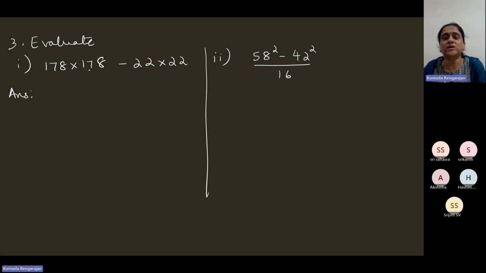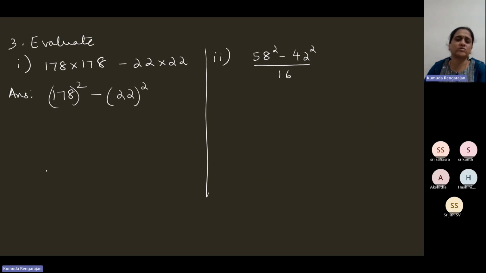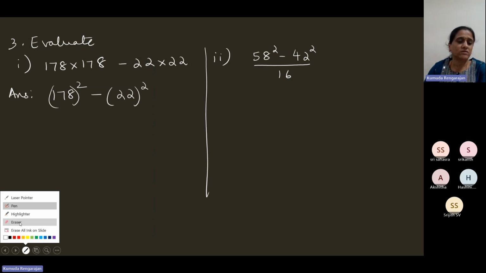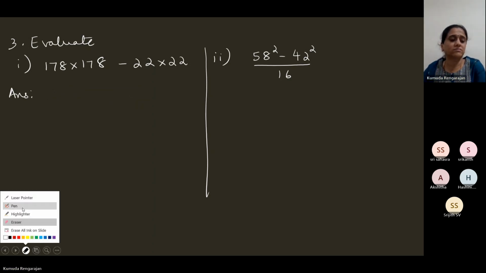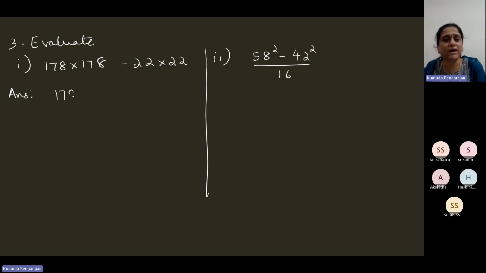So 178 into 178 is 178 squared. 178 the whole square minus 22 into 22, which is 22 squared or 22 the whole square. Both are the same. It's okay even if you don't write the bracket. You can write it like this also. So now this is of the form a squared minus b squared.